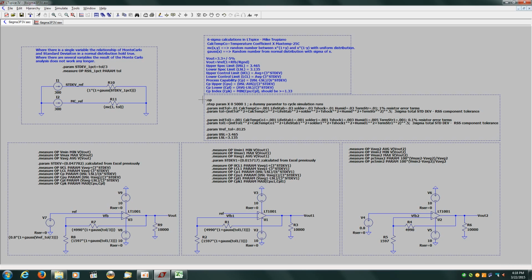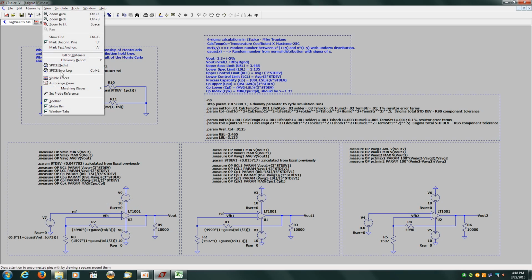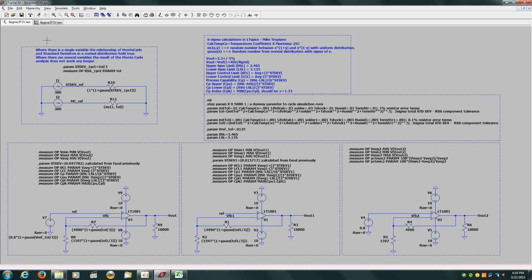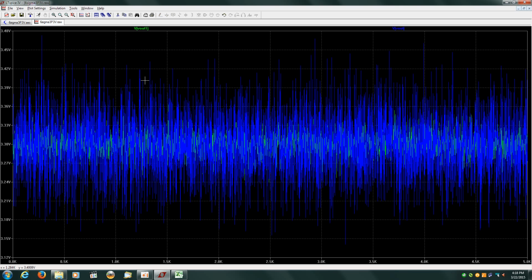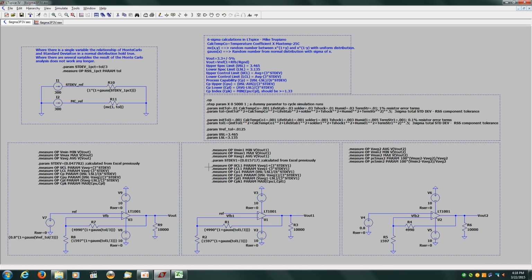The SPICE directive .op is just telling it it's running the DC analysis on all of this design, and it's going to run a DC analysis on all of those design pieces 5,000 times and put the result in the SPICE error log if you have any measure statements. Otherwise, it'll graphically show you whatever node or current or whatever you've clicked on.